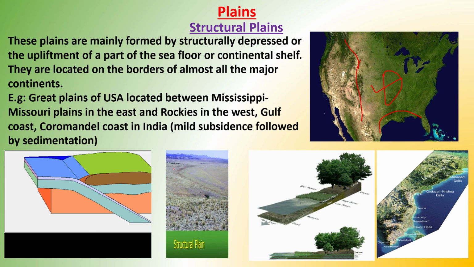Structure is uplifted. Over here also you can see how the structure is getting uplifted bit by bit. In India, especially in eastern coast, Coromandel coast, we are having this structural plain with a mild subsidence followed by sedimentation.